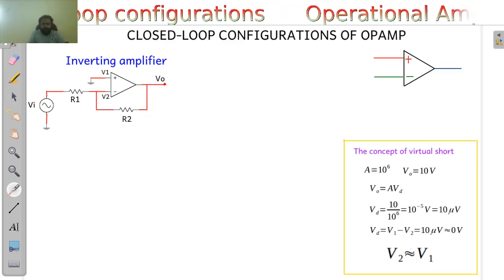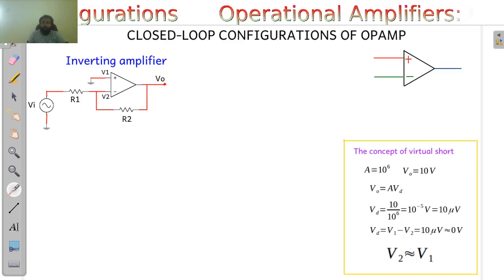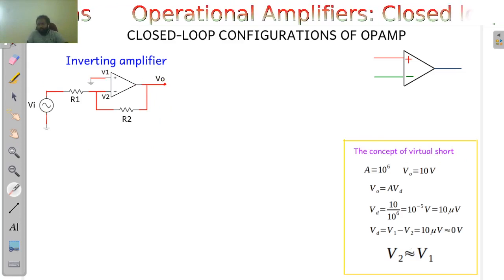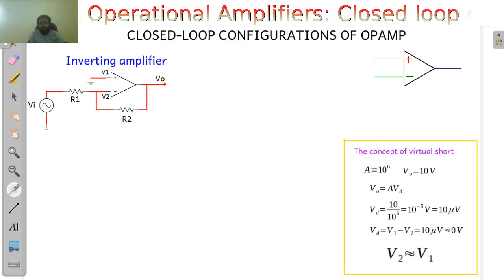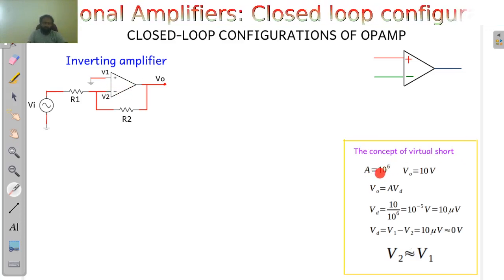And when you are dealing with a closed loop configuration, we need to understand the concept of virtual short. And the concept goes like this. Suppose the operational amplifier that we are using here has a very high gain of 10 raised to 6.